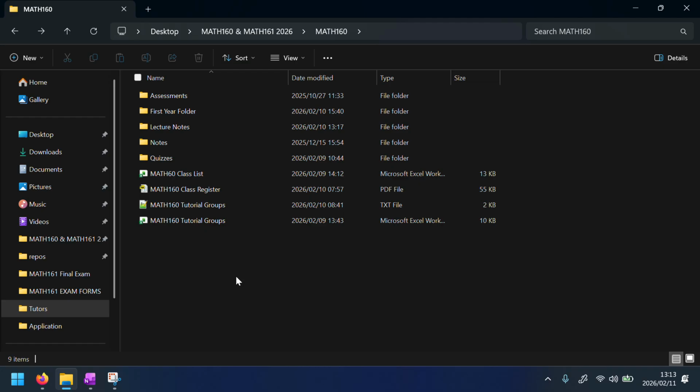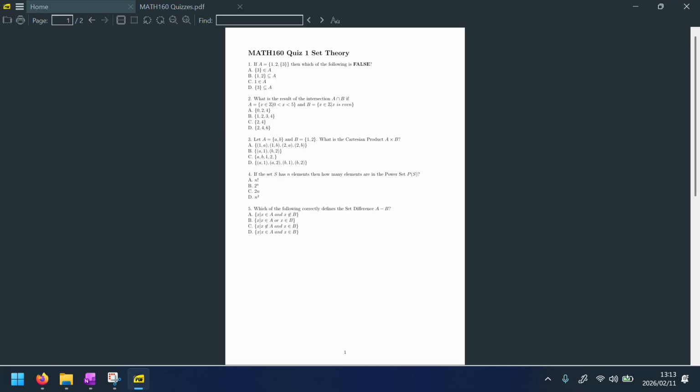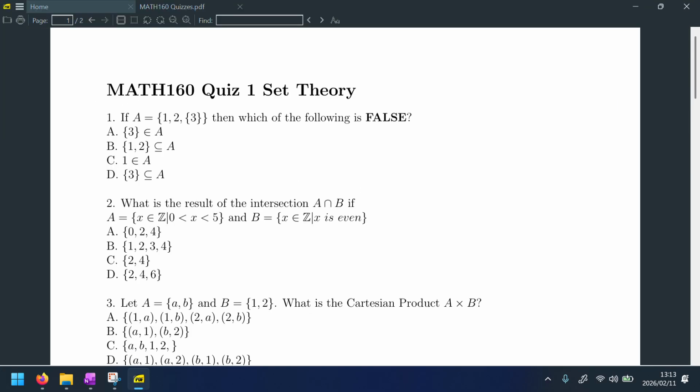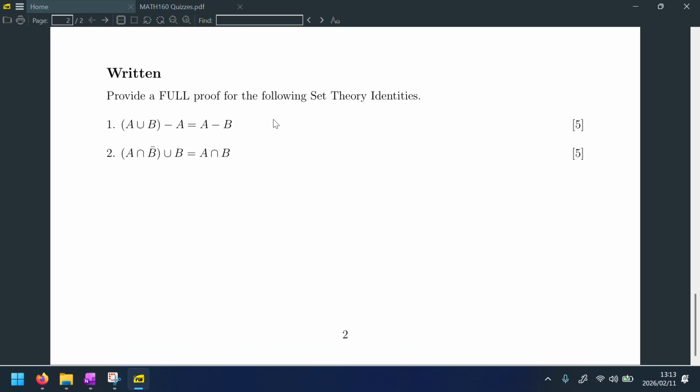The quiz will be something like this, roughly MCQ kind of stuff. You'll have 10 questions on set theory, and then 2 written questions. This will be the written part. You will need an exam pad or something with you.